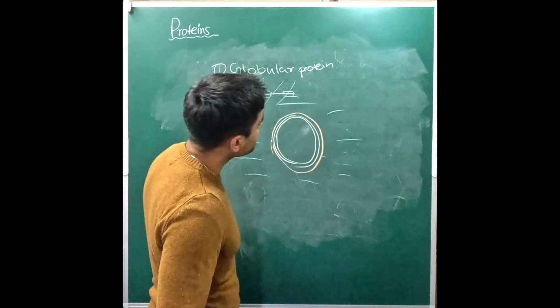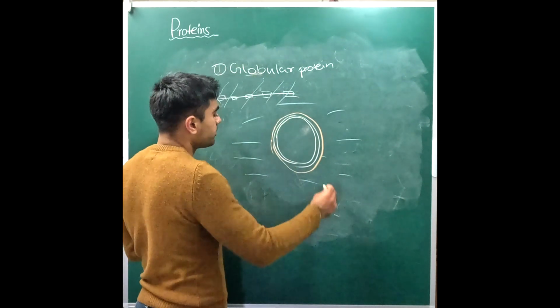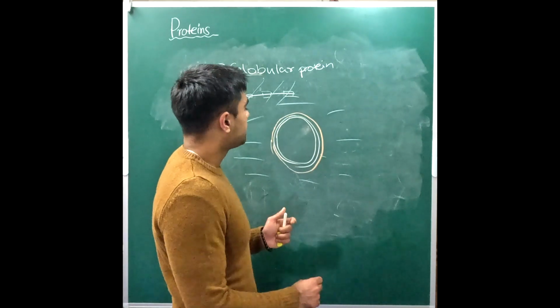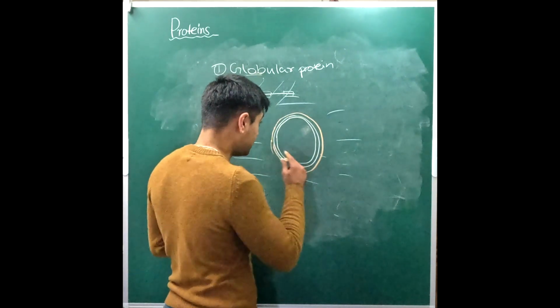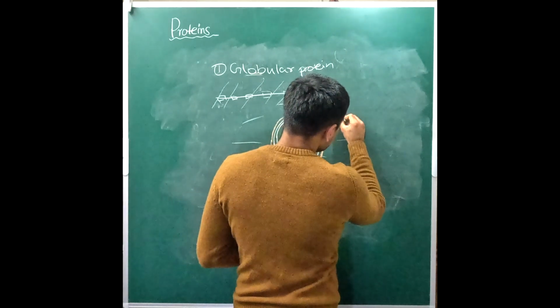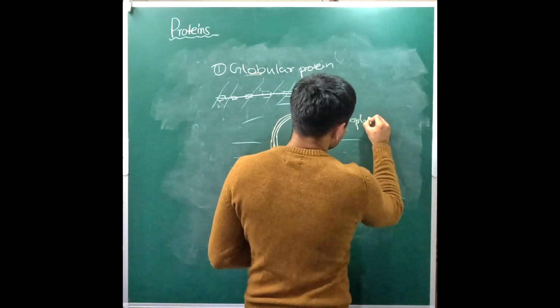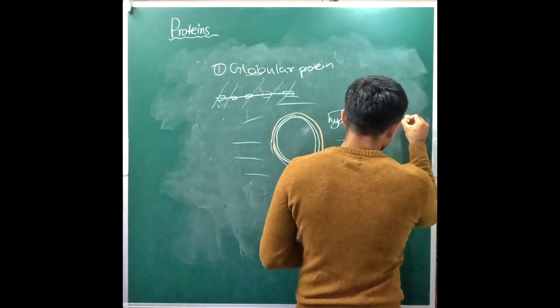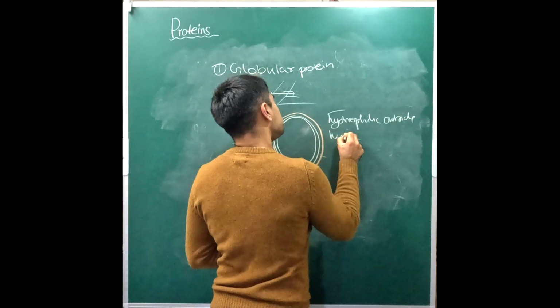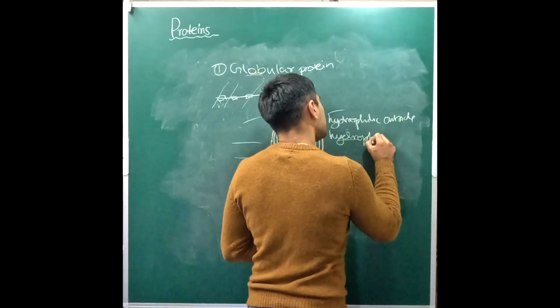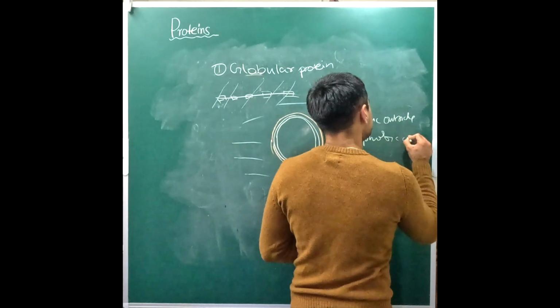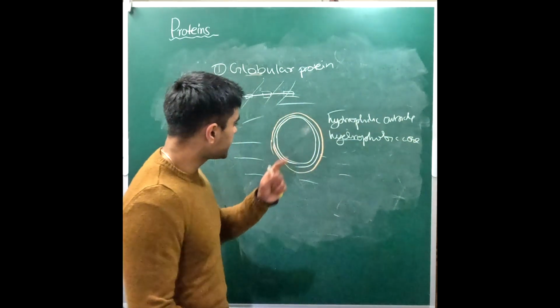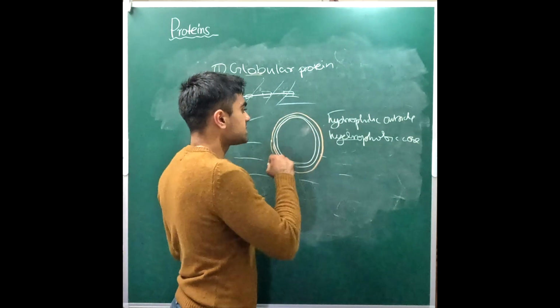This means that you end up with a globular protein which is hydrophilic on the outside but has a hydrophobic core. So the inside is hydrophobic and the outside is hydrophilic.